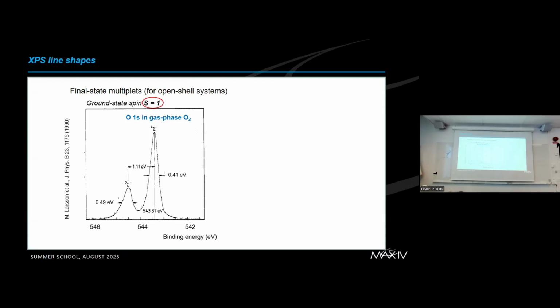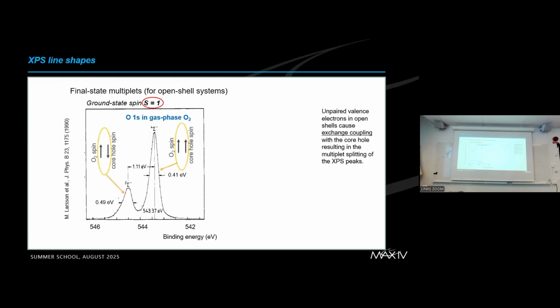And these two peaks are the result of the unpaired spin, the non-zero spin. Spin is one in this molecule, and if we create a core hole, the spin of the core hole can couple differently to the spin of the system, and it results in two multiplet peaks due to exchange coupling.